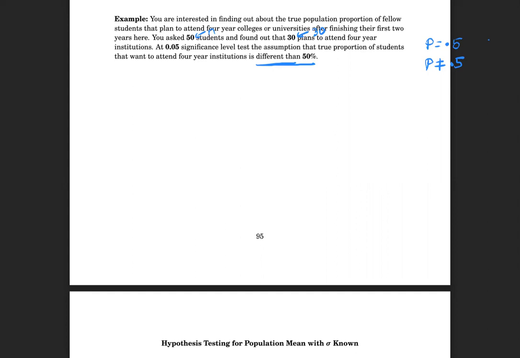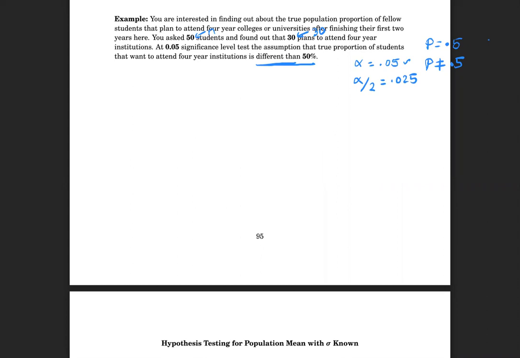So this is going to be a two-tailed test, but right away that begs another question. If you have a two-tailed test, you have to take alpha, which is 0.05, and divide it by 2 because you have to distribute this alpha between the two tails that you are considering. So alpha over 2 is going to be 0.025. Okay. Now let me do the problem step by step.